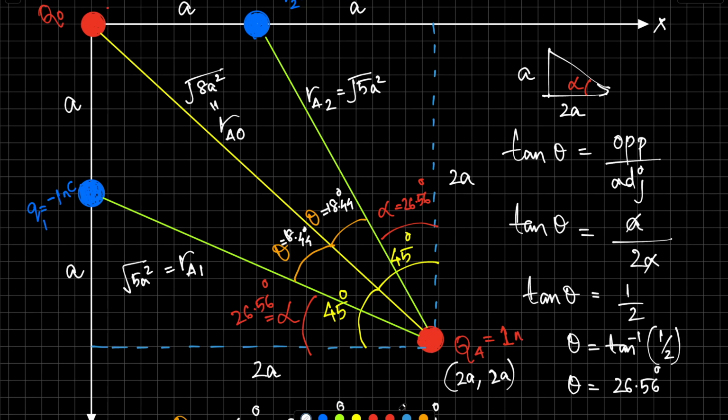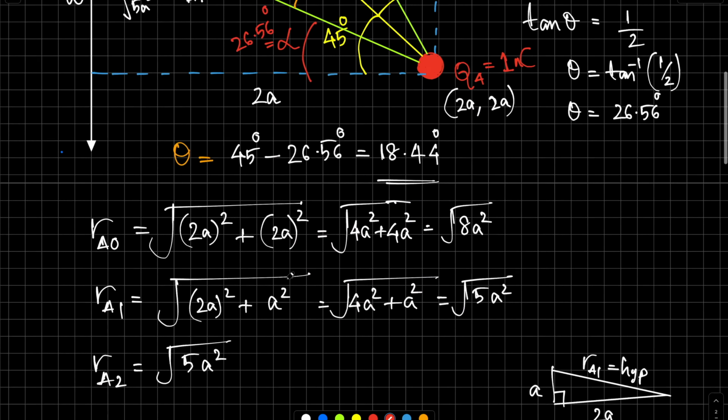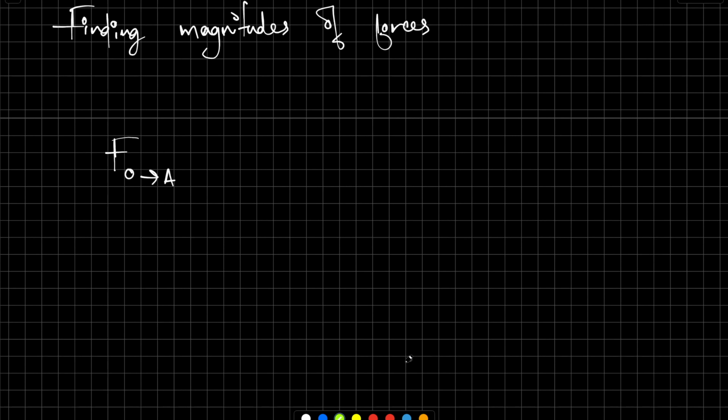We're going to find the magnitude of that force between Q0 and QA, so we can apply Coulomb's law. What is Coulomb's law? Electrostatic force equals K times Q1 Q2 over the distance between them squared. That's the electrostatic force between two charges.